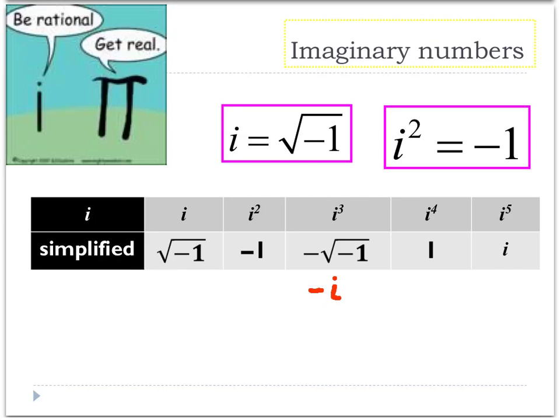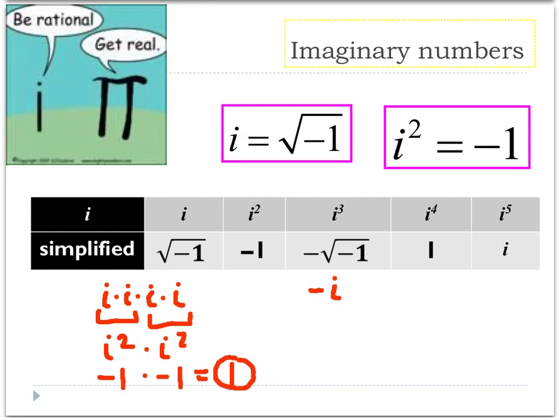And then if I want to do i to the fourth power, where that's i times i times i times i, which remember, these guys give me i squared, these guys give me i squared, but remember i squared is -1, so that's -1 times -1, which gives me a +1. That's where this +1 came from.